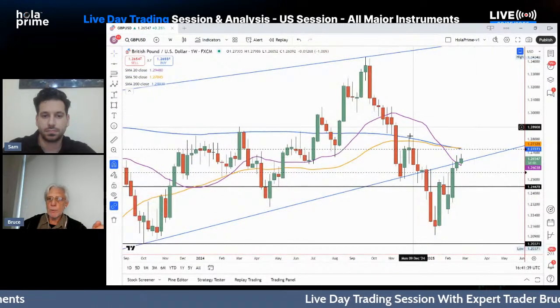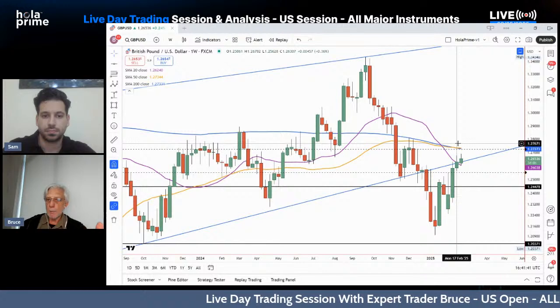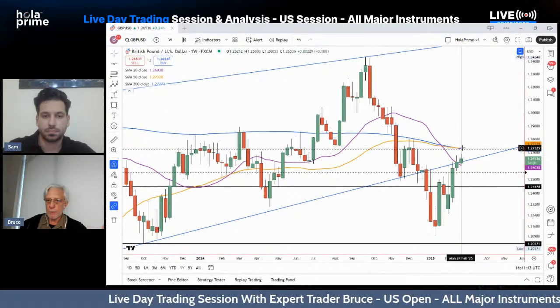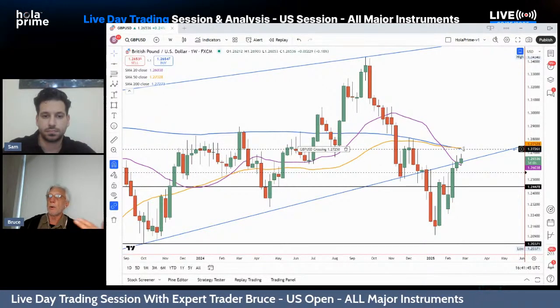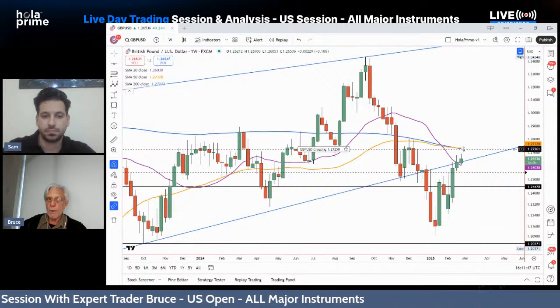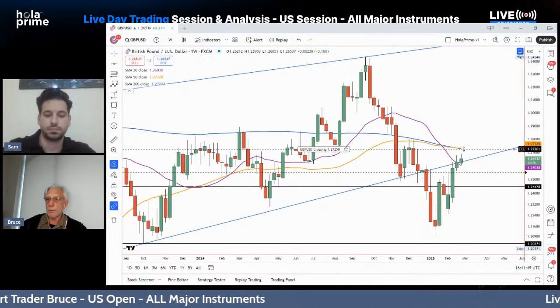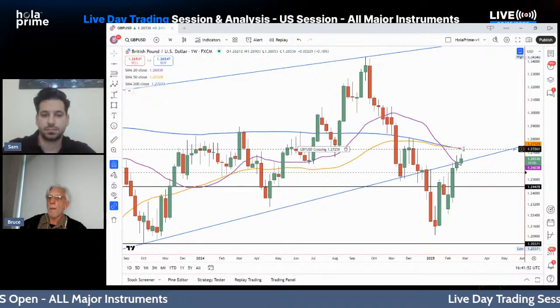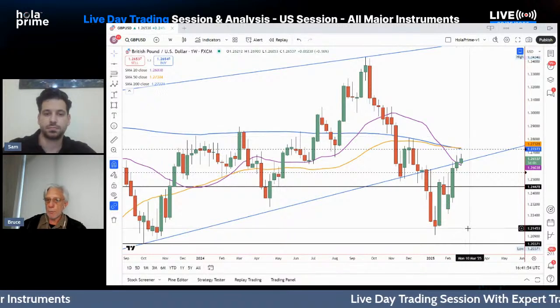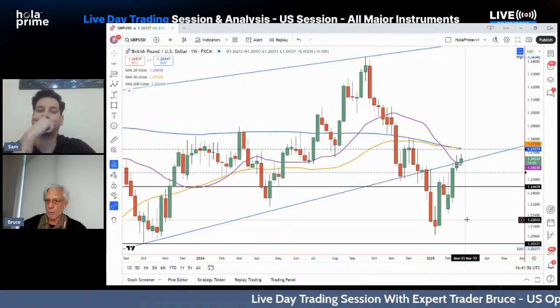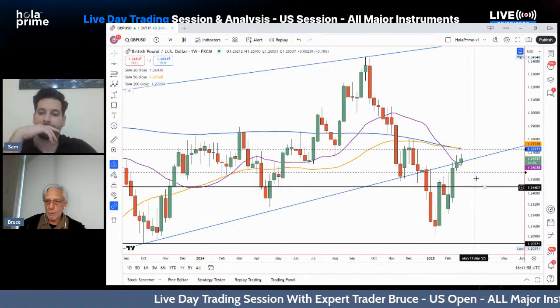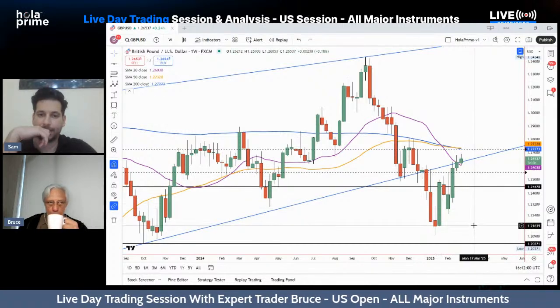So this is important because if you see alignment with resistance up here on the shorter time frame chart, and you know it's also resistance on the weekly chart, you have a much more solid potential short. And that also means it might have the possibility of going further as well in the direction that we're looking at.